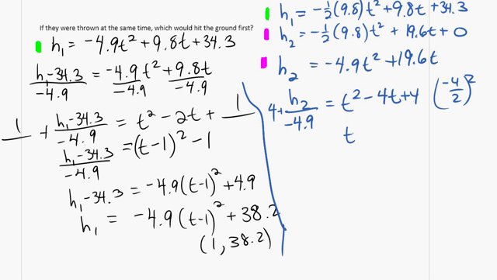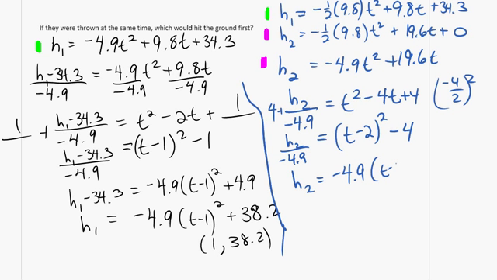So now I have t minus 2 quantity squared, so it's going to take 2 seconds for it to get to wherever it needs to go. And I'm going to subtract 4 from both sides just to save myself a step. And now h2, multiplying both sides by 4.9, negative 4.9 t minus 2 squared plus 4 times 4.9, 19.6.